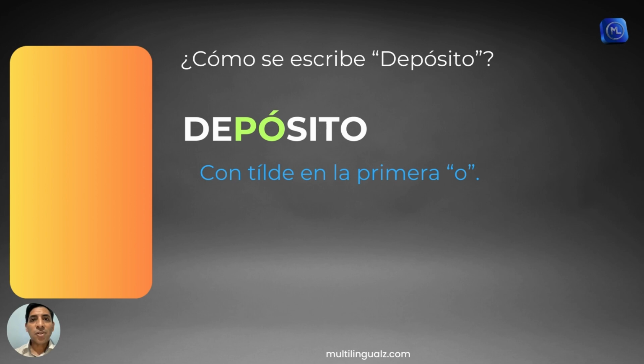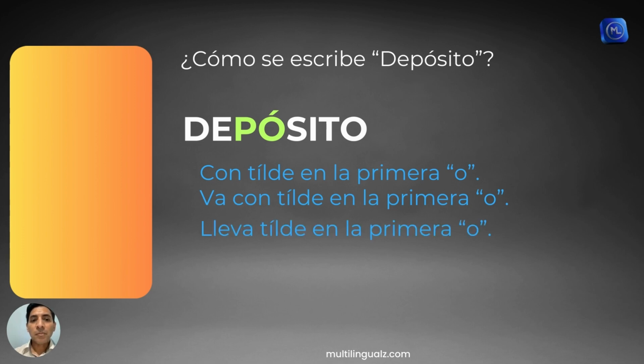The answer is going to be something like con tilde en la primera O, meaning that it takes a tilde or a stress mark on the first O. You can also hear va con tilde en la primera O. It takes a stress mark on the first O.